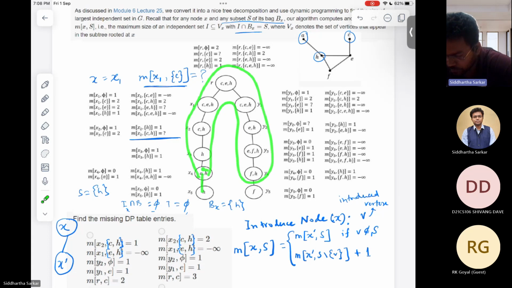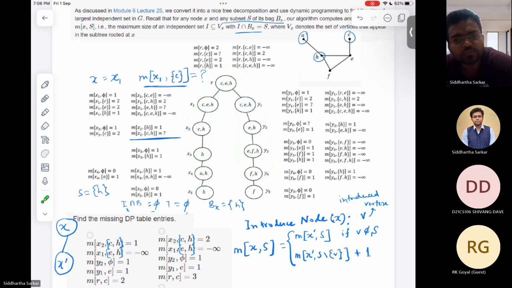Then we just follow the child to parent nodes, and all these table entries will be computed. So you are fine so far, Shivam, right? If somebody has to do this, then they have to start bottom up.